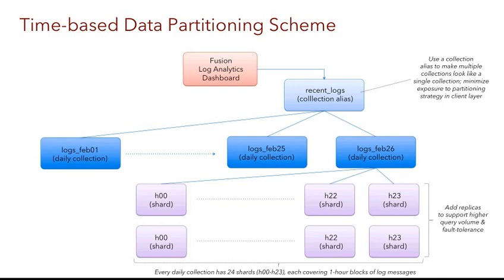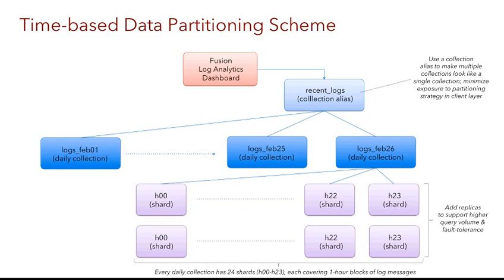So up at the top here, we have Fusion, basically the log analytics dashboard that I showed in the screenshots before. That would be the system administrator or customer service rep using the dashboard to dig into the log data and do whatever analysis they need to do for their job. As you can see, they're querying through what we call a collection alias. It's called recent logs. A collection alias makes multiple collections look like one to your client.